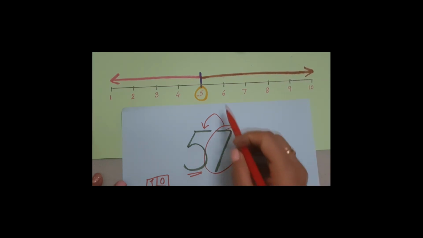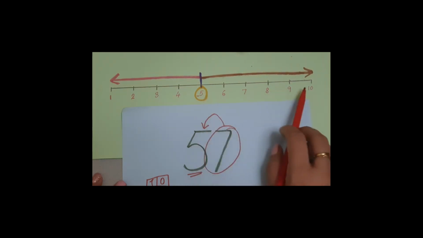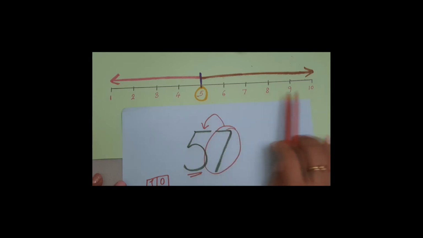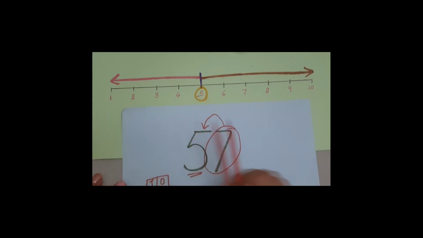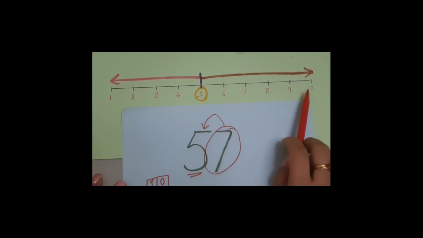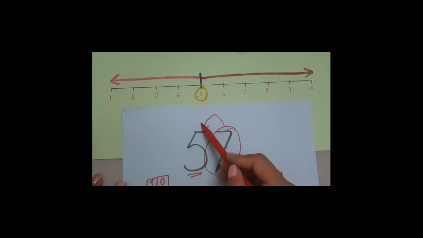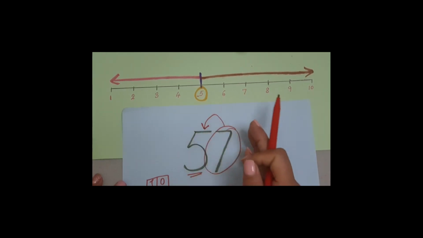Now we will check the number line and we will see where 7 is. Is it greater than 5 or smaller than 5? Let's check. 7 is here. It's bigger than 5, and we know that when the number at ones place is bigger than 5, it tells the number at tens place to move 1 step ahead, to the next 10.